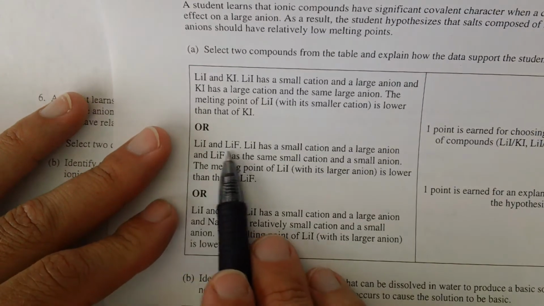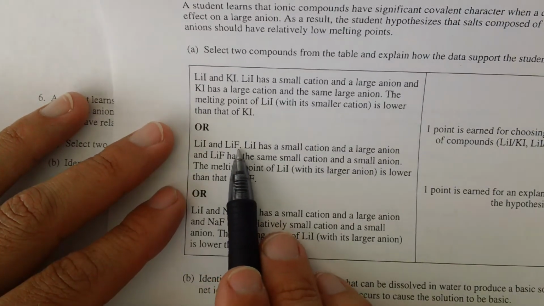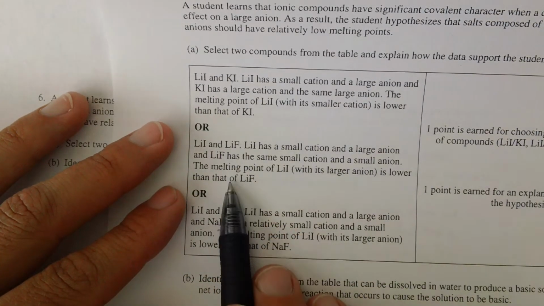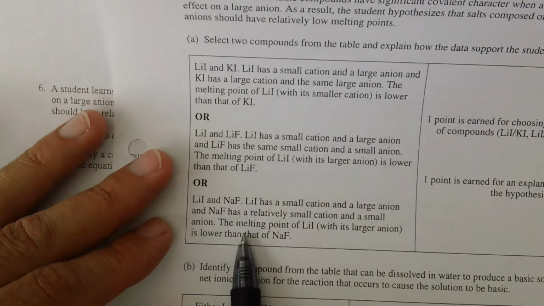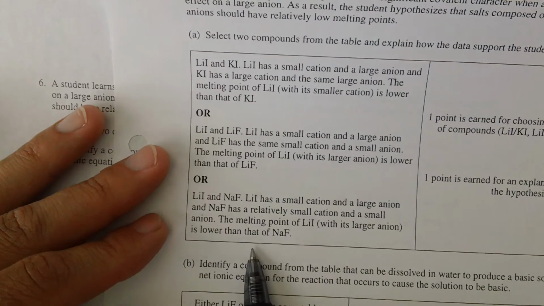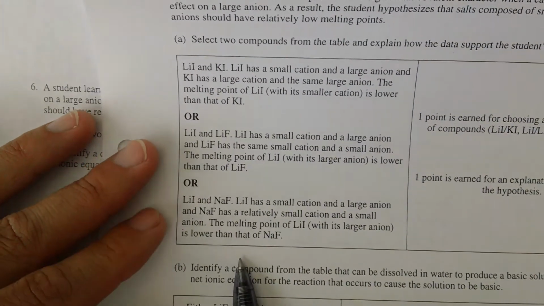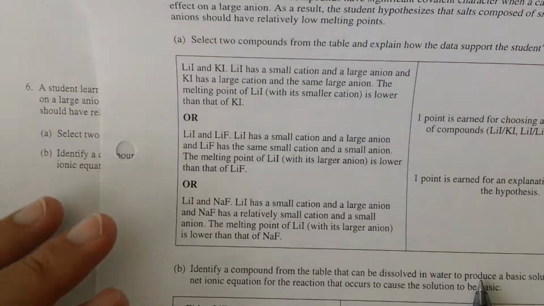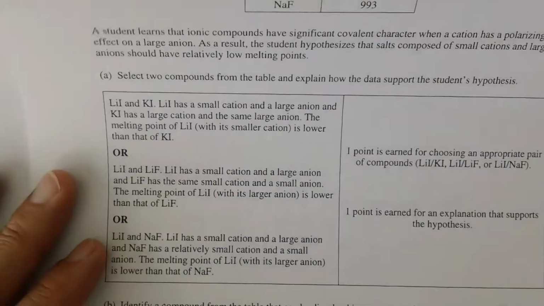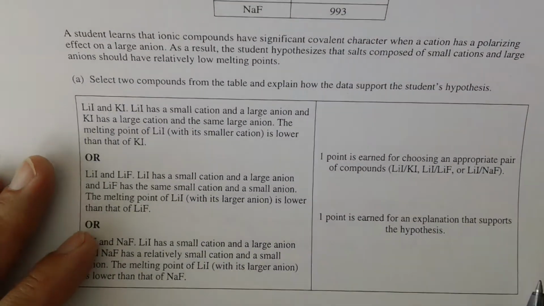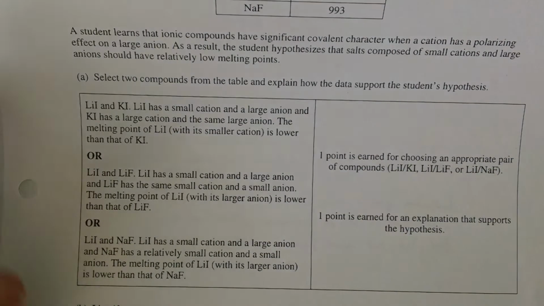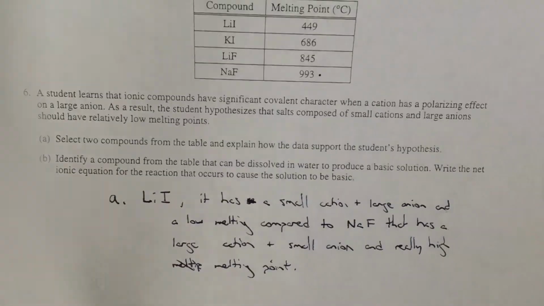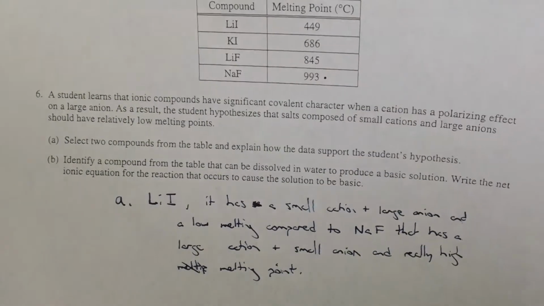You could have chose lithium iodide and lithium fluoride, showing that the smaller anion of fluoride causes a higher melting point. Or the ones I went with, the lithium iodide and sodium fluoride. So any 3 of those would have worked. You can pause and look at their explanations there. 1 point for choosing an appropriate pair, and then 1 point for an explanation that supports that hypothesis.